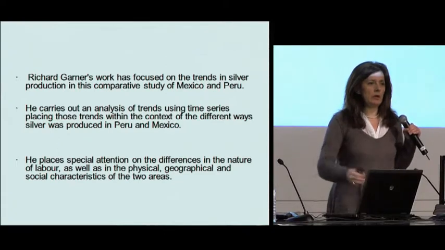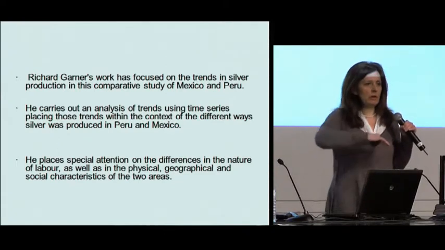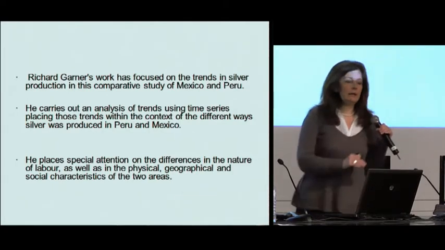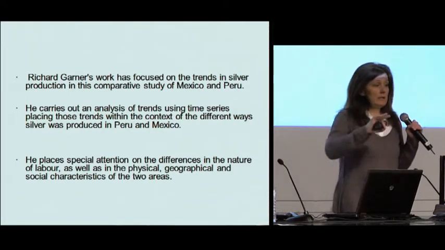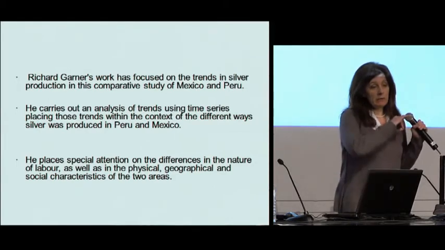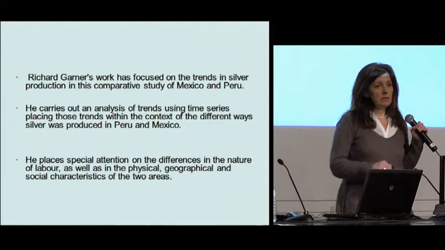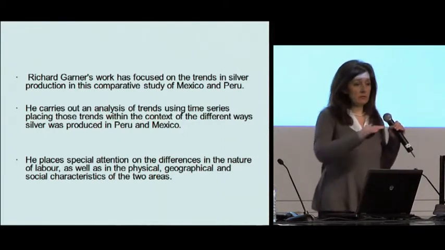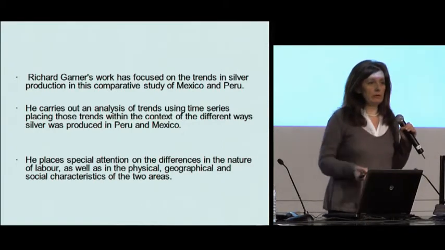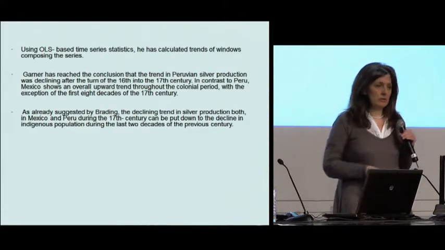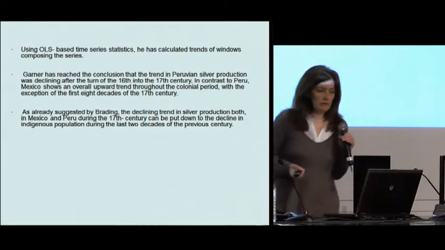He used moving averages to work out the long run trend of production, and he concluded that in the case of Peru there had been a decline throughout the colonial period, and the Mexican trend was upward throughout the colonial period, right? I'm going to just focus on a section of this data, right?